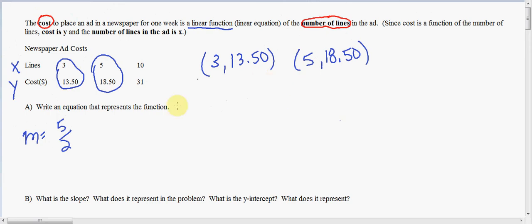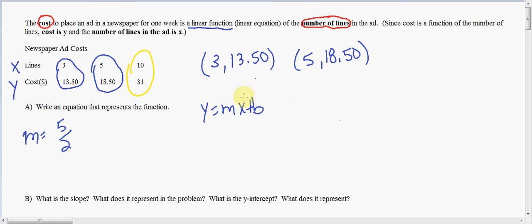Alright, so we have our slope. Now we need a y-intercept. So I'm going to write y equals mx plus b. And I'm going to plug in one of my ordered pairs. Now I could plug in one of the ordered pairs that I used to get the slope, or I could plug in this other ordered pair right here if I wanted to, and actually that's what I'm going to do, is plug that one in.